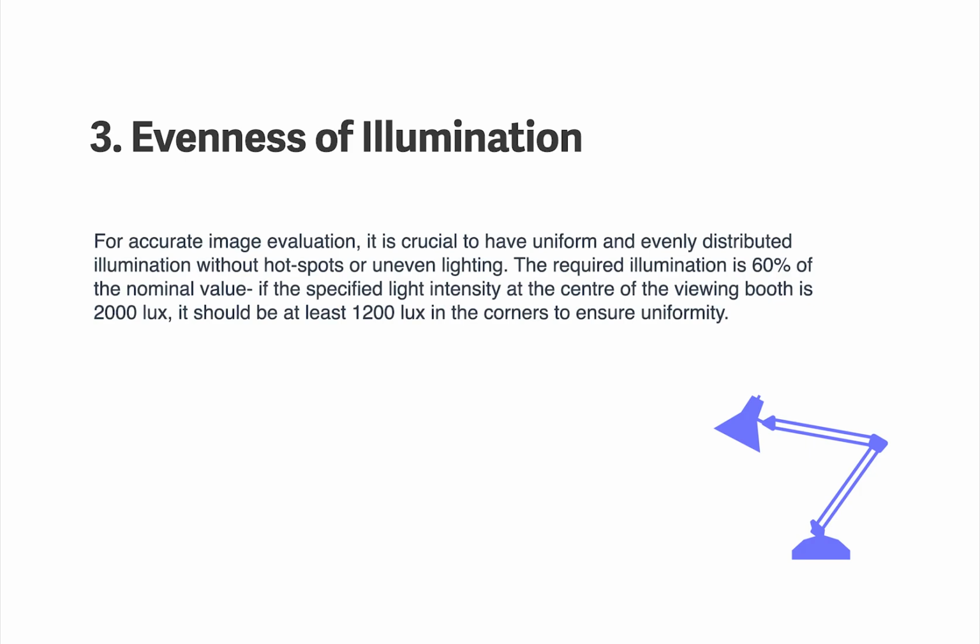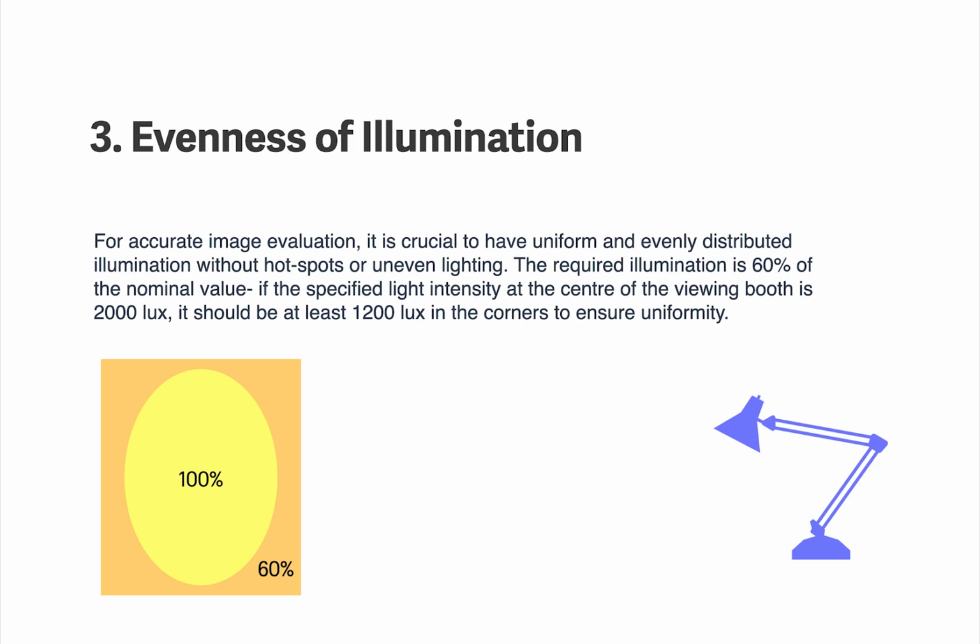For accurate image evaluation, it is crucial to have uniform and evenly distributed illumination without hotspots or uneven lighting. The evenness of illumination is expressed as a percentage of the specified light intensity, known as the nominal value.